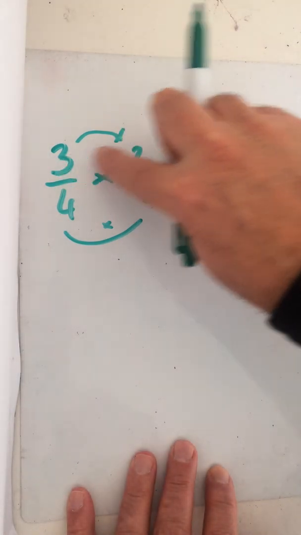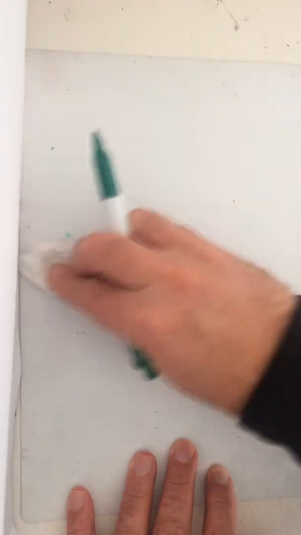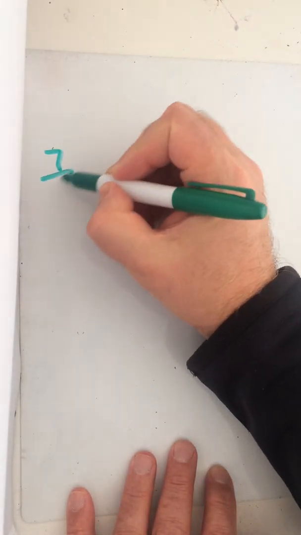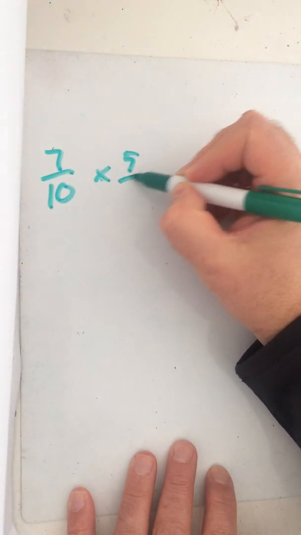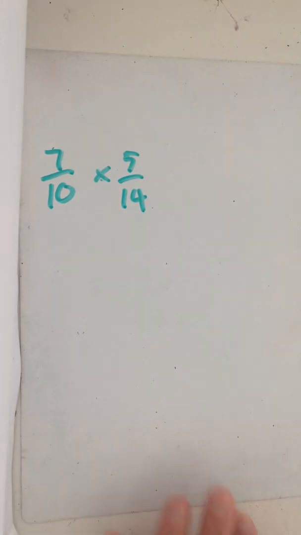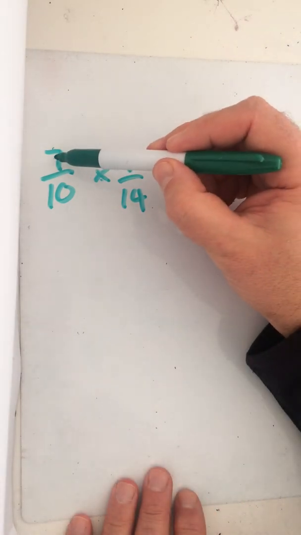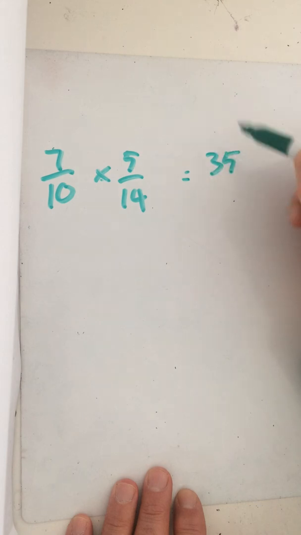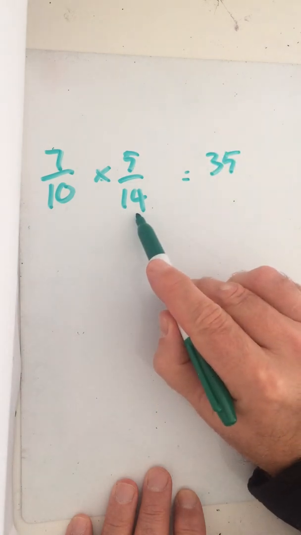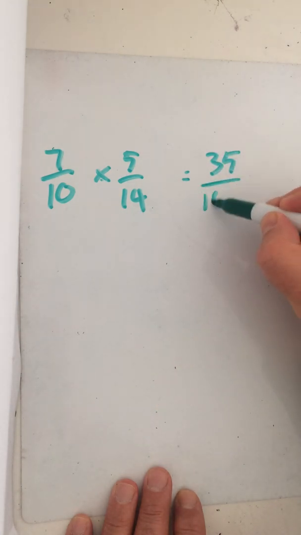Okay, you just multiply across the top and across the bottom. Then you can maybe have 7/10 times 5/14. Okay, so again you can multiply along the top. 7 5s are 35. Okay, 10 times 14, 140.